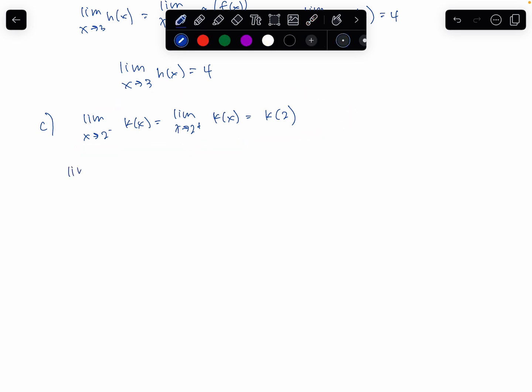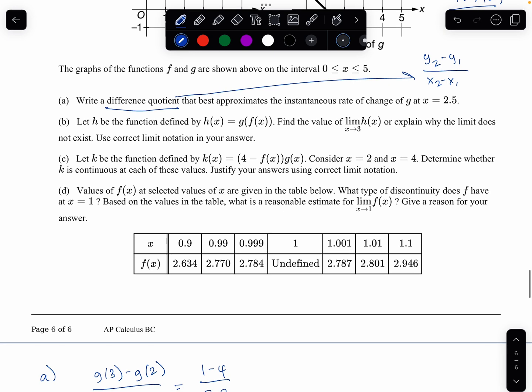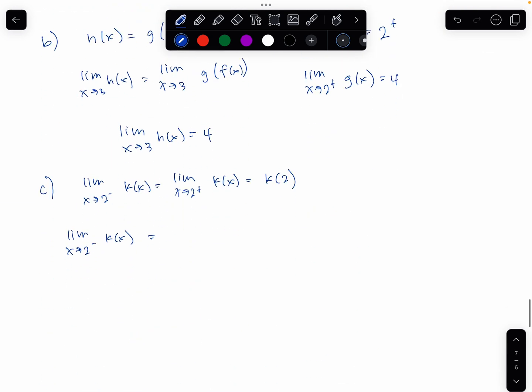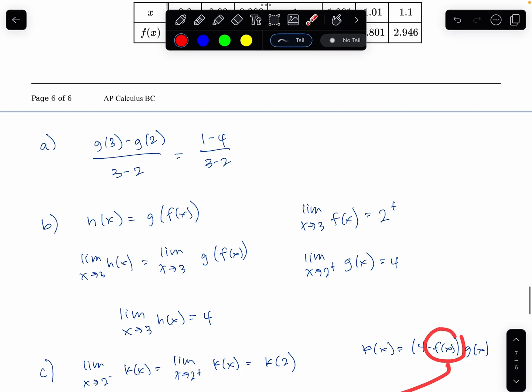So let's find the limit as x approaches 2 from the left of k of x. I'm going to write down what k of x is equal to. k of x is equal to 4 minus f of x times g of x. So it's going to be equal to 4 minus, now we're going to evaluate the limit as x approaches 2 from the left of f of x.